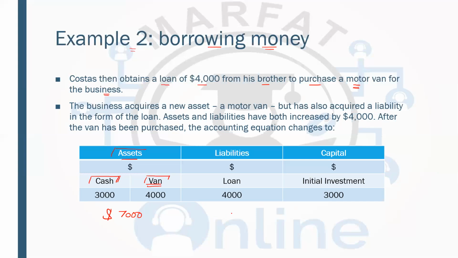Now, 4,000 is actually the loan which is taken from the brother to buy the van, and 3,000 is the owner's own investment. So business assets which are worth 7,000 now are being financed through two sources, the liabilities and the capital, or you can say equity and the debt.